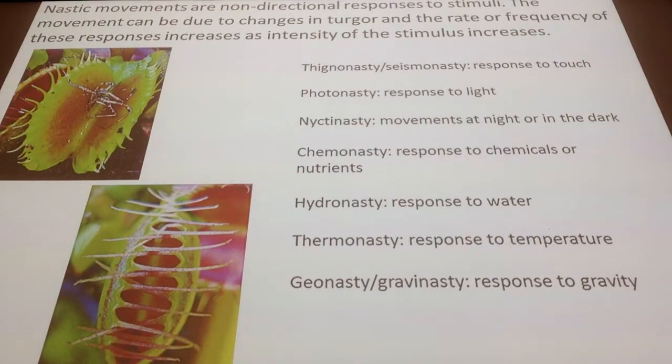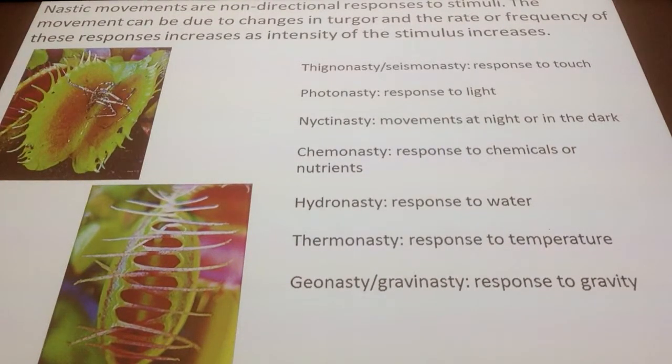So it's a change in the osmotic pressure within the plant cell. So that's nastic movement, again, literally changing the shape of the plant. That can be guided by touch, like this. By light, by both light and darkness, by chemicals, in response to water, gravity, temperature, pH sometimes.